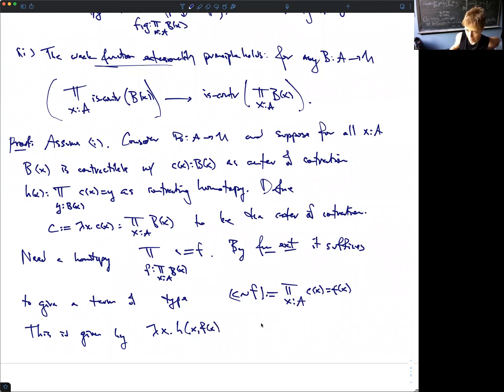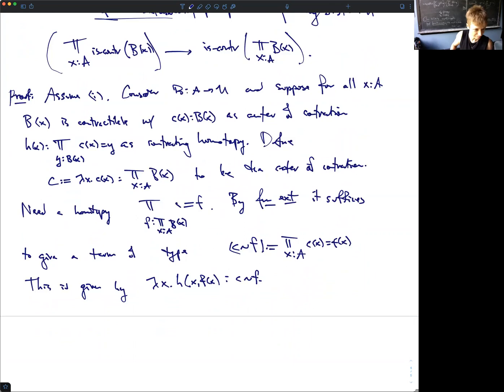So that's going to be a term that gives a homotopy between C and f. And that's typically how function extensionality is used. It reduces identifications between functions to pointwise identifications between functions, which is often easier data to come by.